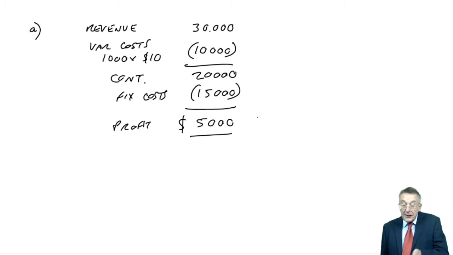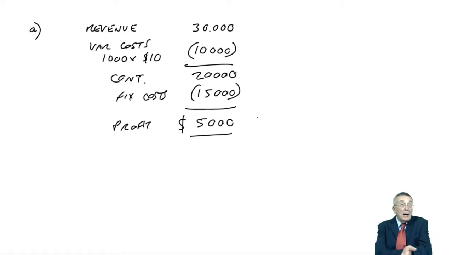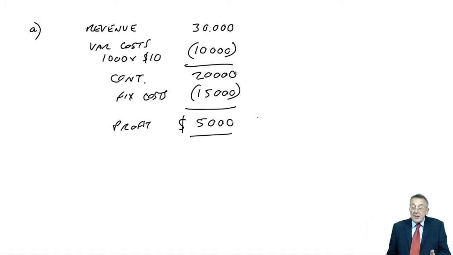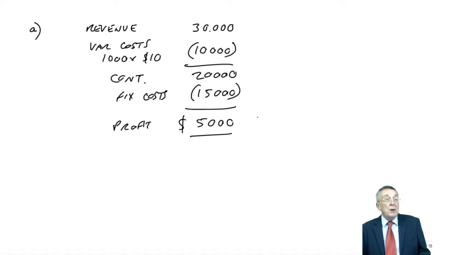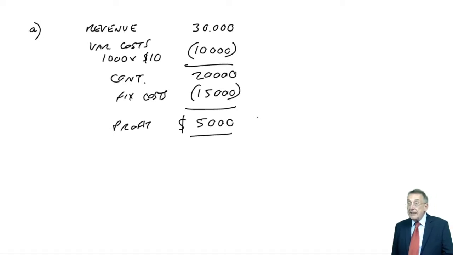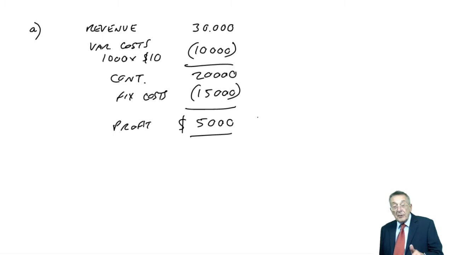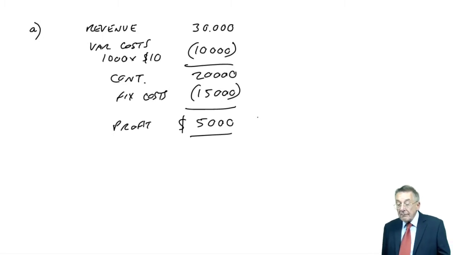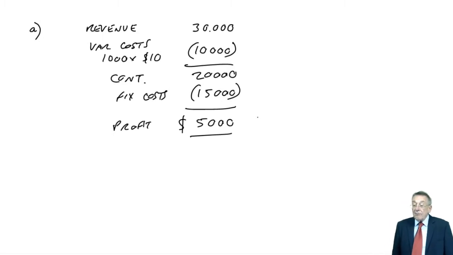Suppose, for instance, the fixed costs turn out to be different from 15,000. Obviously, if the fixed costs are lower, things are even better: lower fixed costs, more profit. What if the fixed costs are high? If they're 16,000, profit's only 4,000, but it would still be worth going ahead, provided we are making a profit. Even if the profit was only $1, it's worth going ahead.